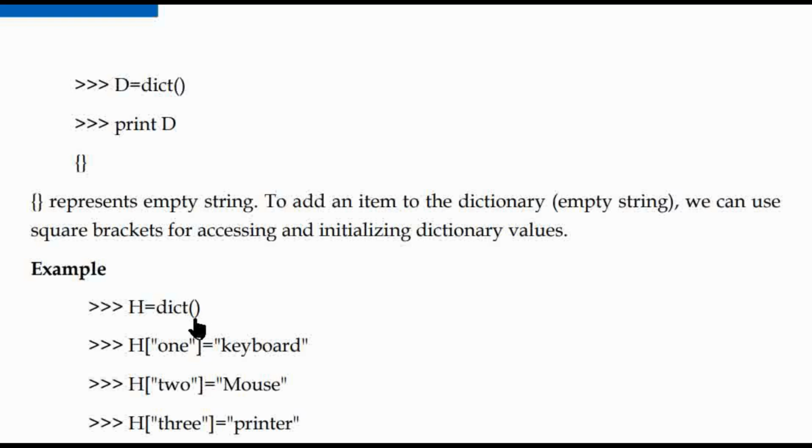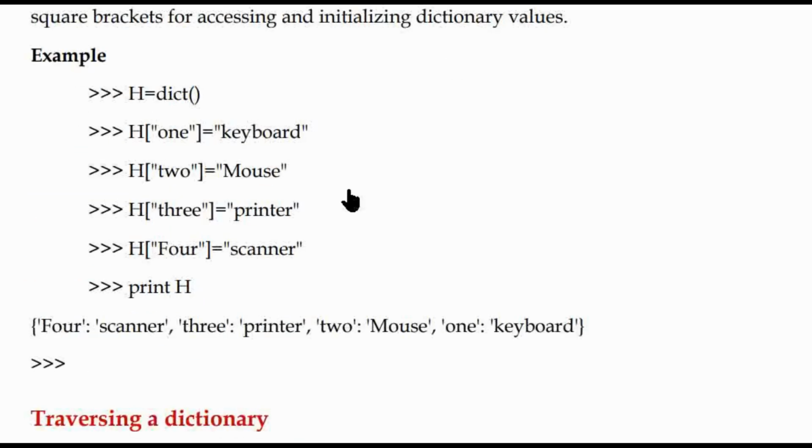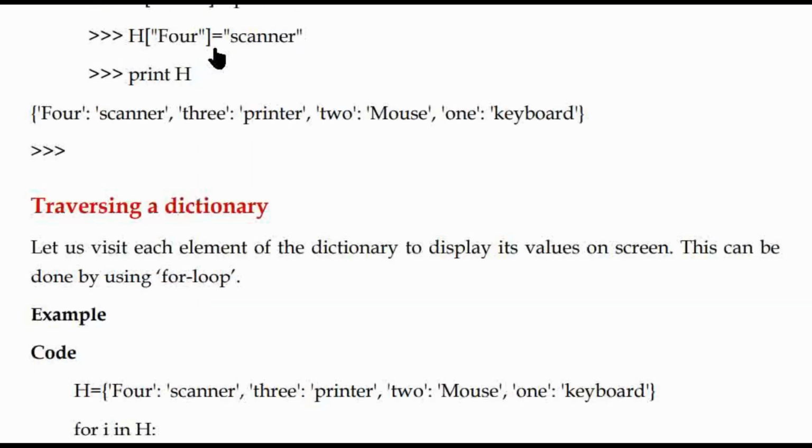It means a dictionary is assigned to a variable H. Capital H1 is equal to keyboard, H2 equal to mouse, H3 equal to printer, H4 equal to scanner. Print H. 4 scanner, 3 printer, 2 mouse, 1 keyboard. It is the output.